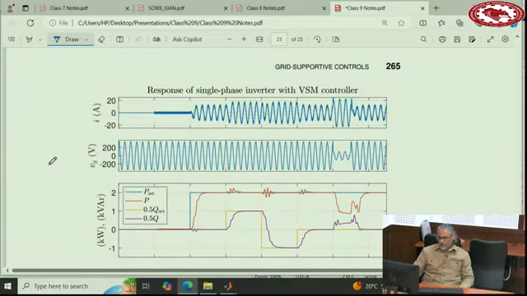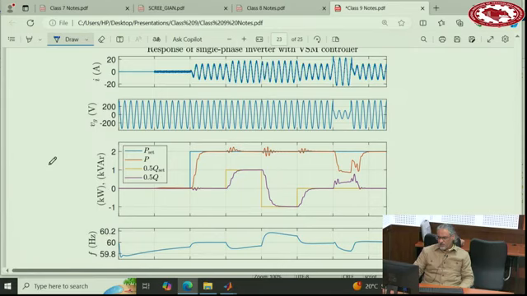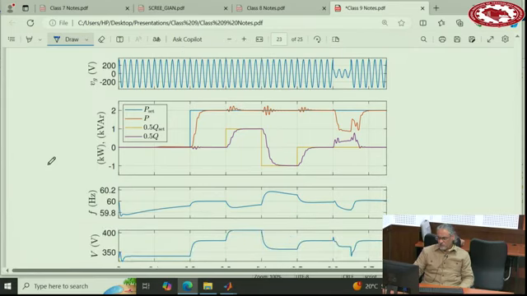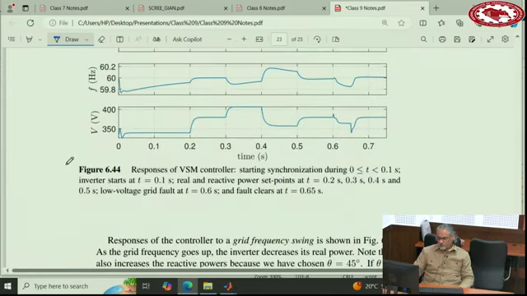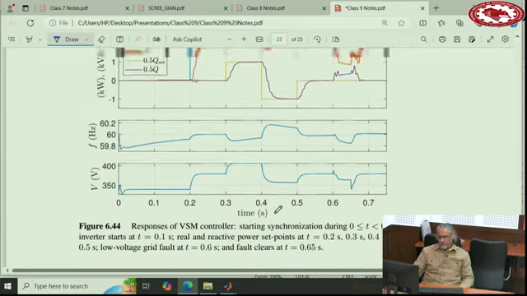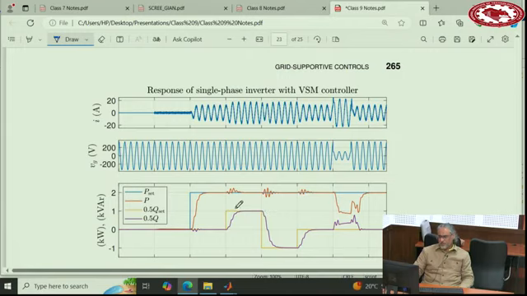This is a simulation that I have here. Starting synchronization during time 0 to 0.1. The inverter starts at t equals 0.1. And then real and reactive power set points at 0.5, then a low-voltage grid fault. All of them are in grid-connected mode.